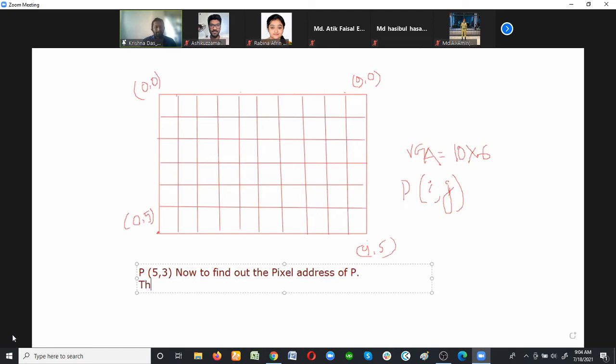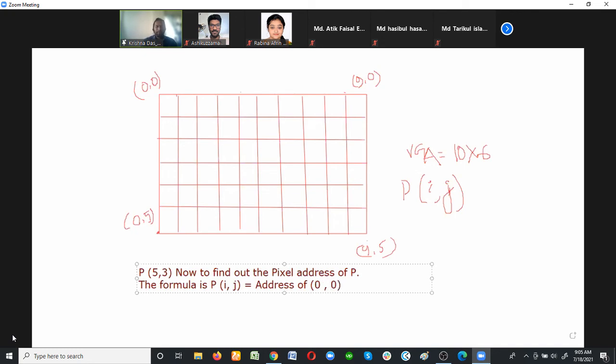The formula for computing P of i and j is equal to the following. First you need the address of the origin, right? That origin is the 0, 0 coordinates.